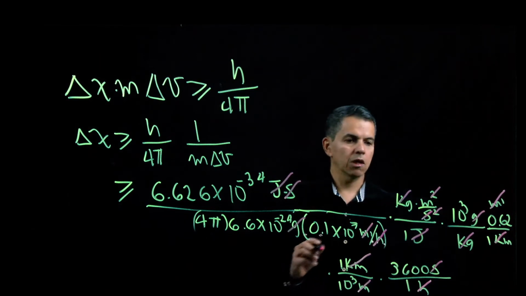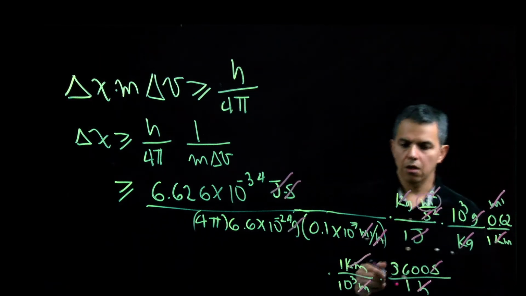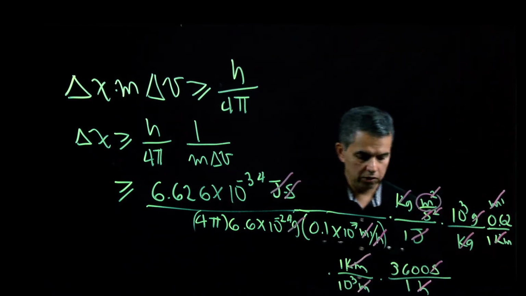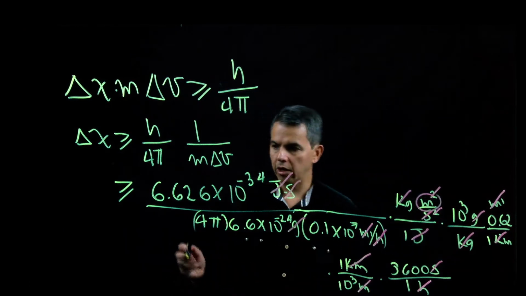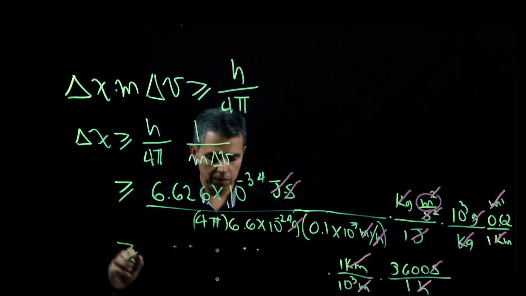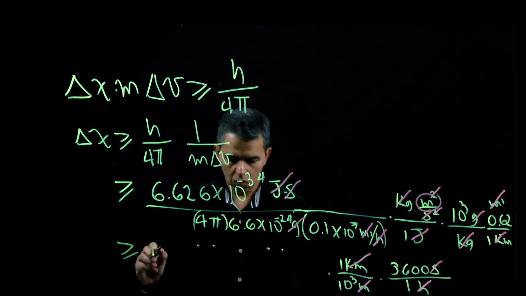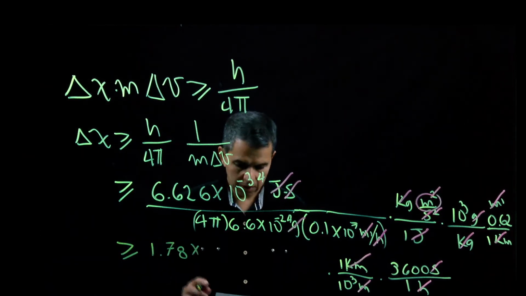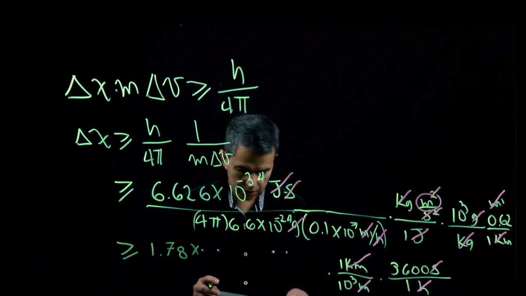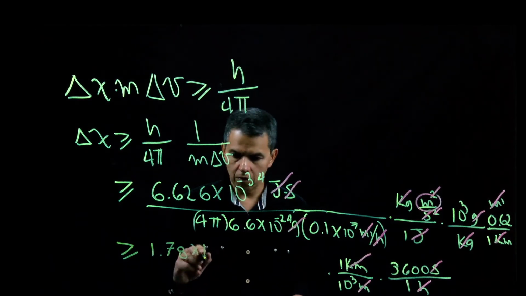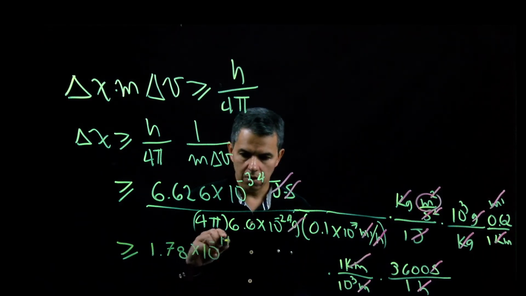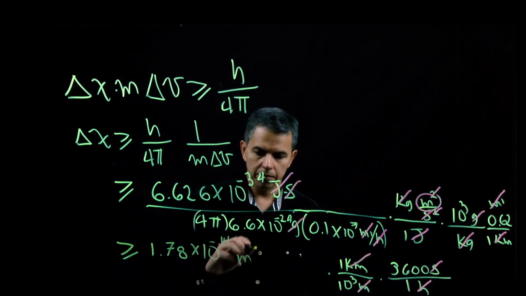The only dimension left is then meters. So if we do the calculations using any calculator, the number that you should be getting is 1.78 times 10 to the minus 14 meters.